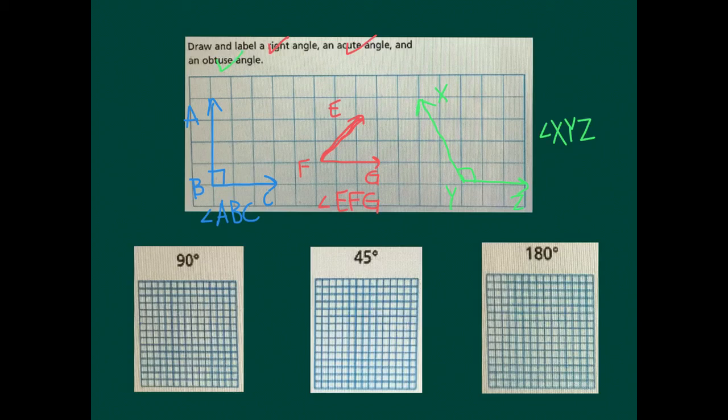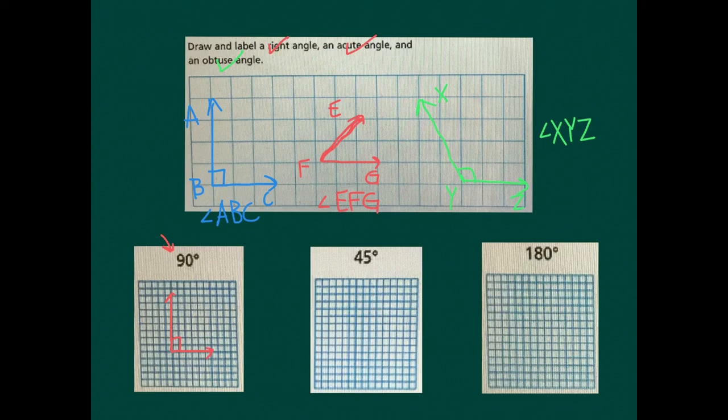Down below here, I have even more to do. This time telling me degrees versus telling me the term. So now I need to draw a 90-degree angle, which I know is a right angle. So again, I'll try to use these lines as my guide to get a perfect perpendicular angle. Okay, so that would be a 90-degree angle.